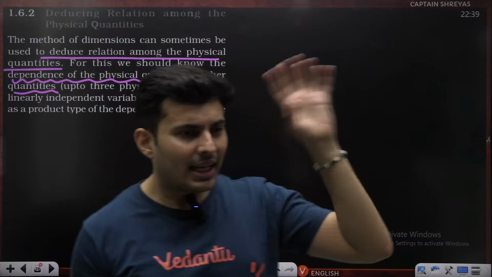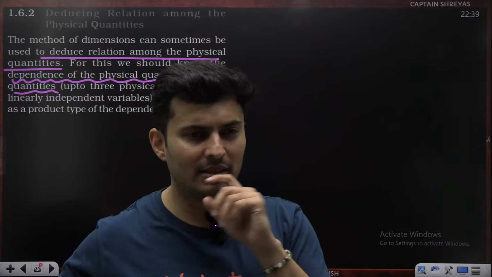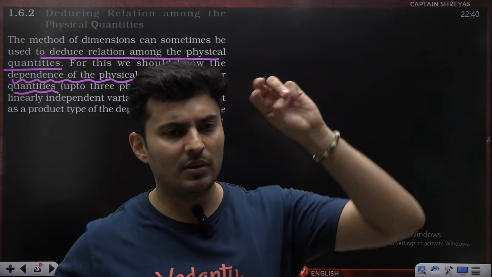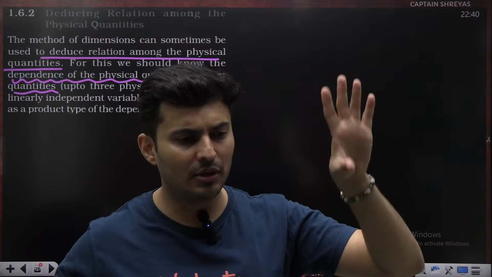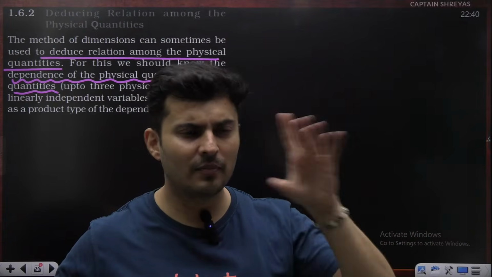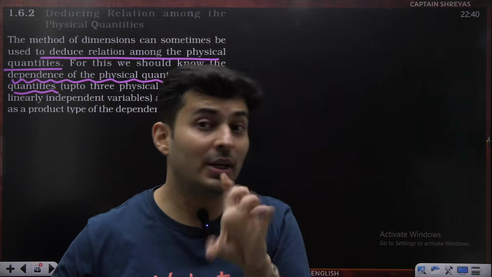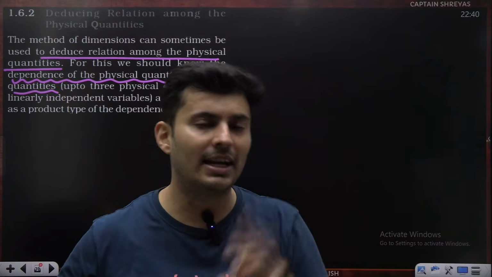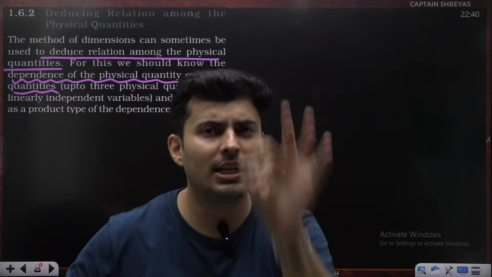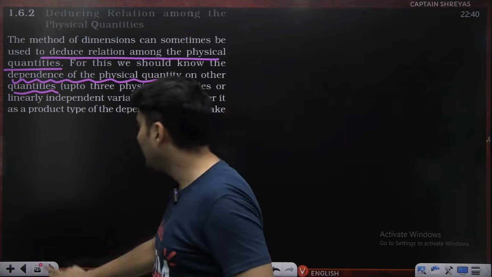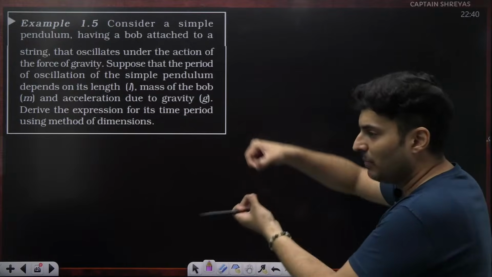But I don't know what exactly the formula is, whether the force is mass into radius raised to 3 divided by length cube or something into time. I don't know what it should be. When you're confused like that, but you know what it depends on or have an idea, then dimensional analysis can help you. For that, they have given an example of a pendulum.